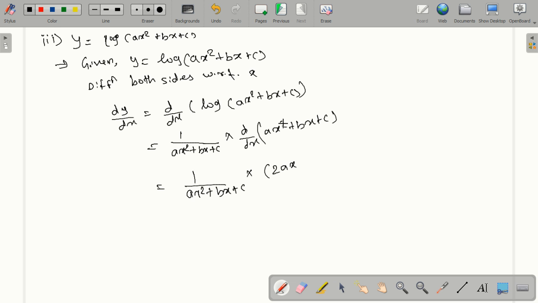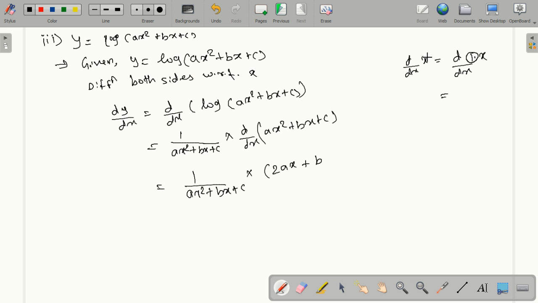The answer would be into 2ax, because this is of the form x raised to n, plus this would be b, because the derivative of x, remember, when we find d by dx of x, this is basically like d by dx of 1 into x, and we know that d by dx of kx is k. So in this case, k is equal to 1.